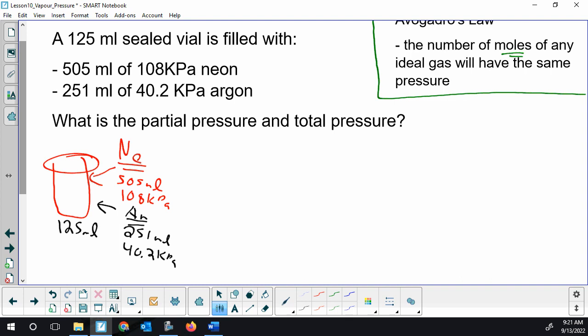We'll figure that out. Now, I'm not going to rearrange Boyle's law. I'm going to jump right to P2 equals. Pressure 2, which is inside the container, is pressure 1 of the gas before we compress it, times the volume of the gas before we compress it, divided by the volume of the red container. This V2 is the same for both gases because we're putting them into the same place.